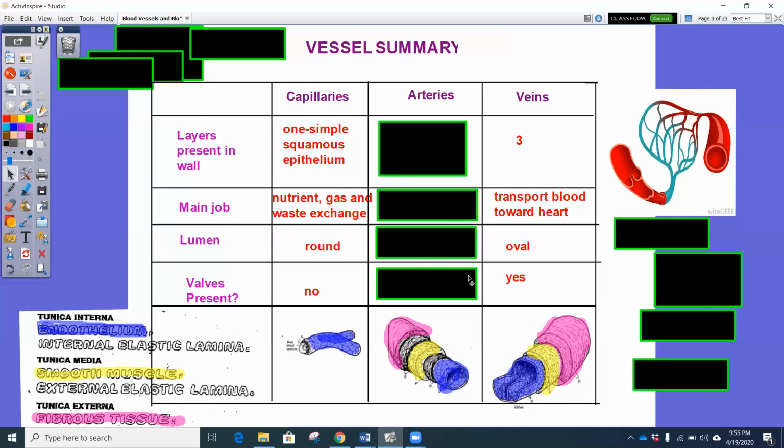All we're going to do for an artery is add in two layers. We're going to add in two elastic layers that will allow for stretch and recoil as the artery is under so much pressure from ventricular contraction.